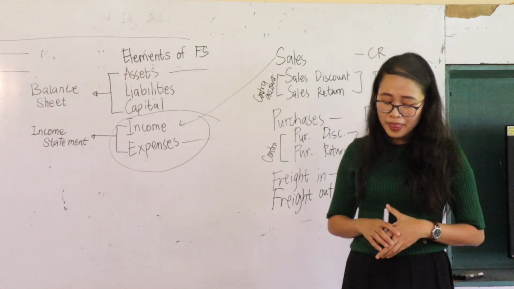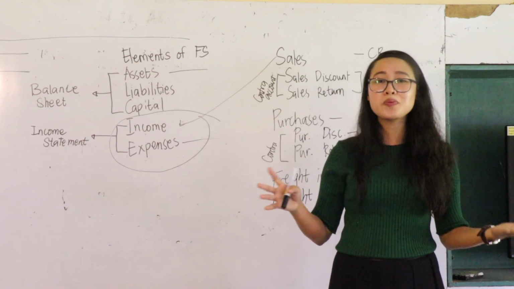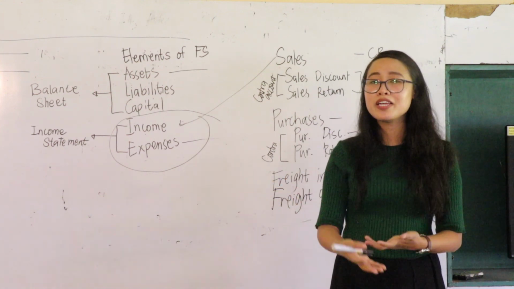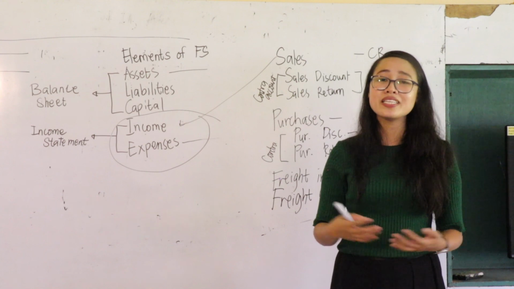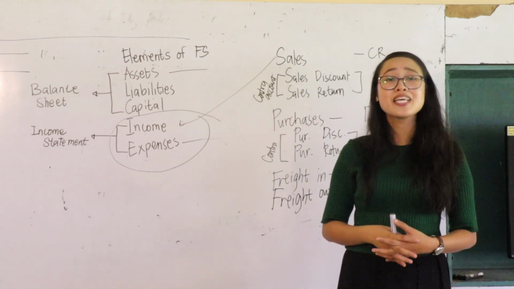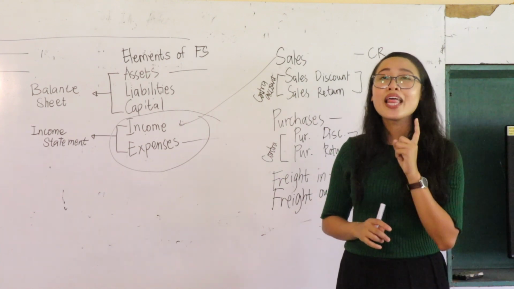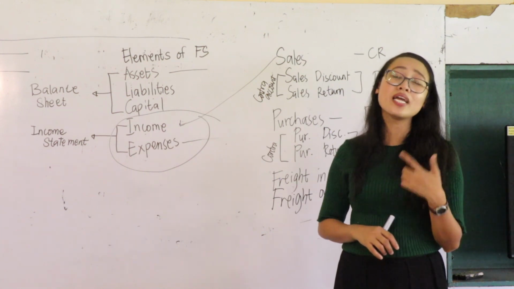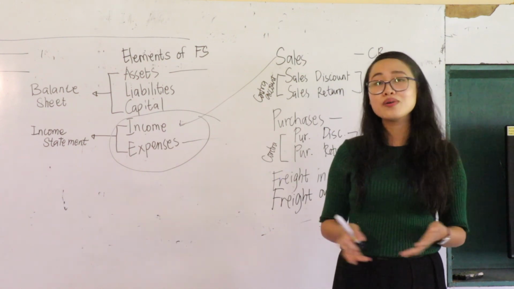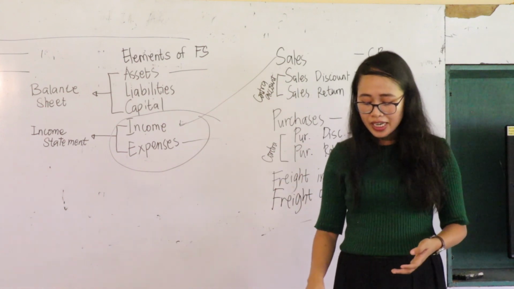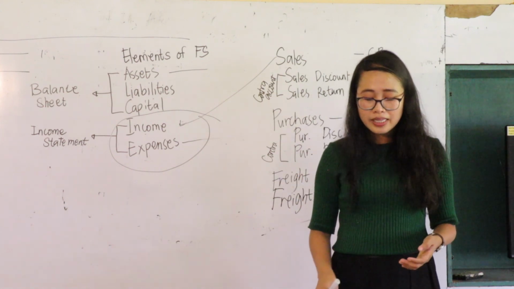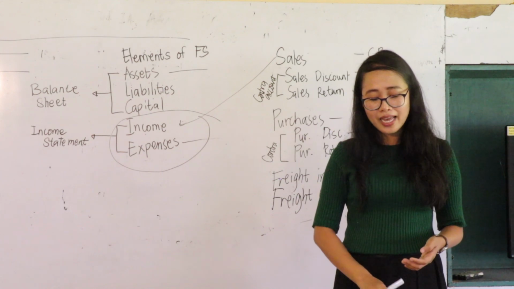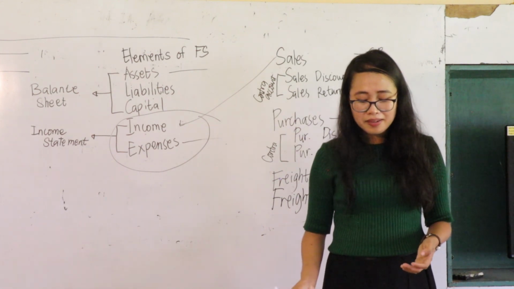And for the partnership, two or more persons contribute money and property to a certain fund with the intention of dividing profits among themselves. So meaning we'll also be talking about more than one capital account. So that will also change differently compared to the statement of changes in equity under merchandising.